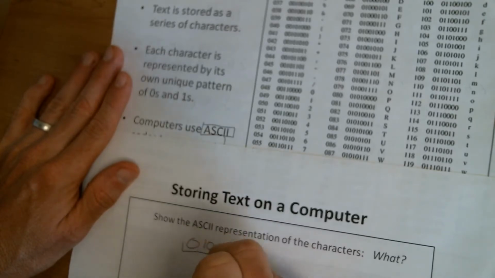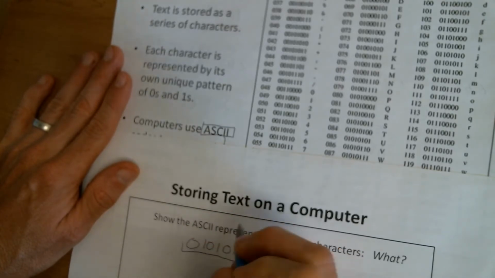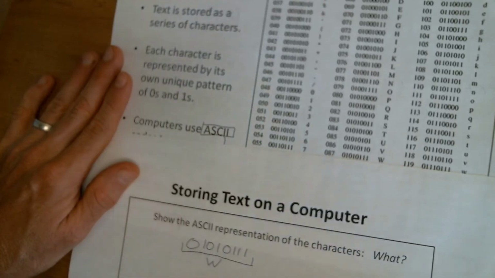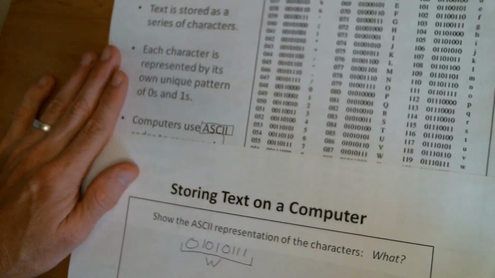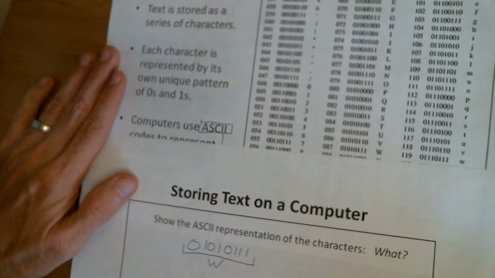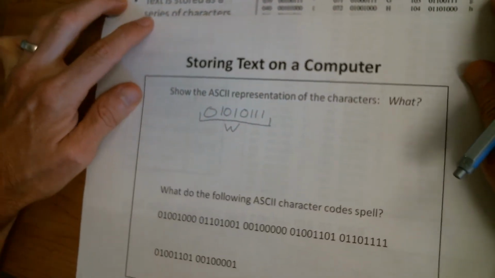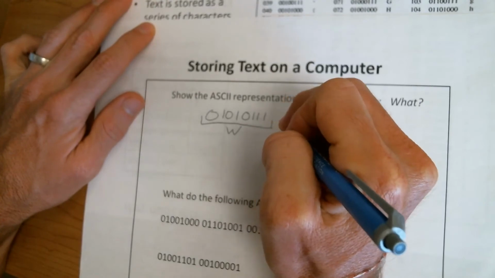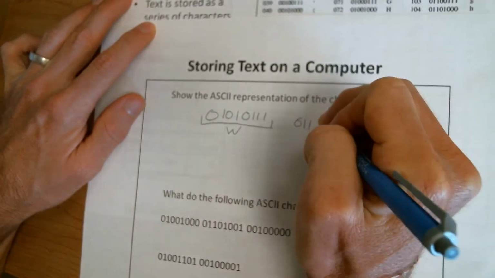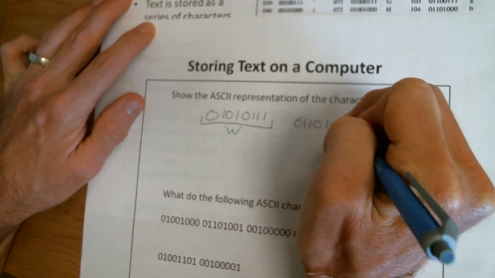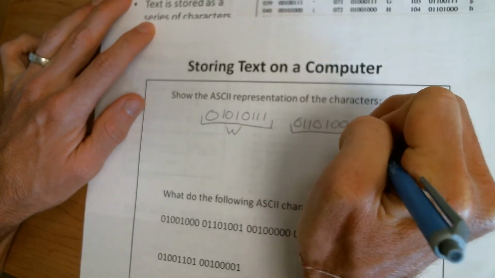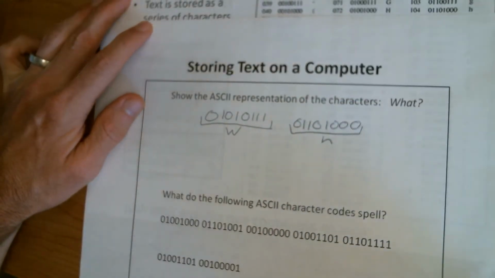All right, and I'm just going to kind of block this off so that our ones and zeros don't start running together. That would be our uppercase W. If I wanted to know what lowercase h was, I would go over here, and I would get 0, 1, 1, 0, 1, 0, 0, 0. That's my lowercase h. And then I would just keep going.